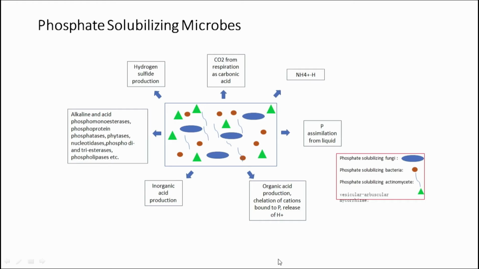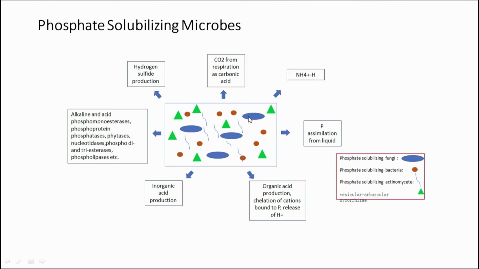Now, in order to make this concept of phosphate solubilization clear to you, I have this slide in front of you which tries to explain how these phosphate solubilizing microbes are capable of converting insoluble phosphate into a soluble form of phosphate. In this box, we are looking at 4 different categories of microorganisms.